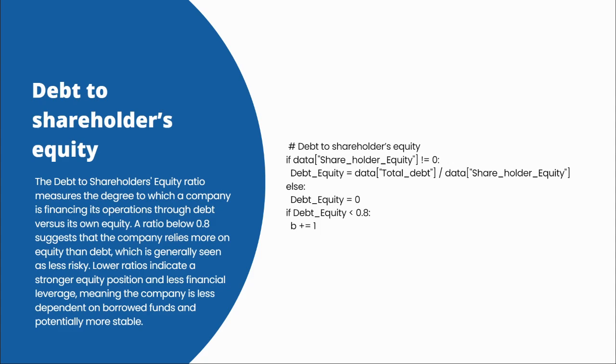A lower ratio also indicates a stronger equity position and less financial leverage, meaning the company is less dependent on borrowed funds, potentially making it more stable. So here the code is total debt divided by shareholder equity, and this should be less than 0.8.